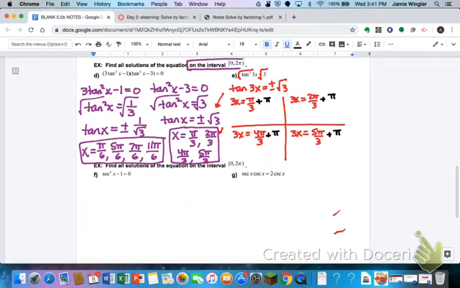Now I have to solve for x, which means I have to divide this by 3. But in our world of math, if you divide one thing by 3, you have to divide all things by 3. So that gives us, for our final answer so far, x equals pi over 3 divided by 3 is pi over 9 plus pi over 3.